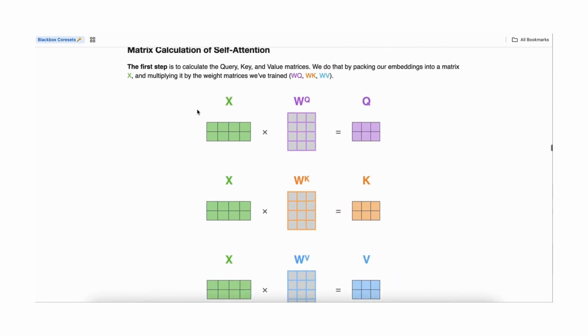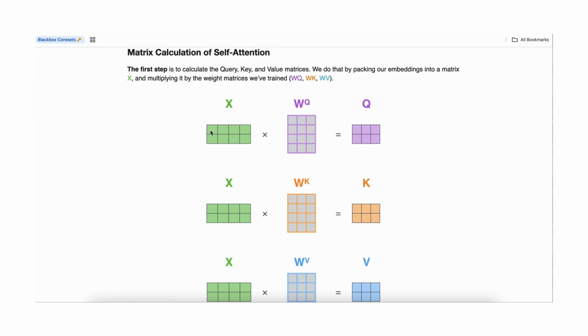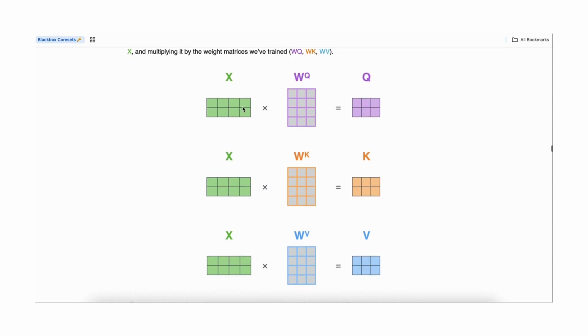Let's go back here and see. The matrix calculation says that we want to get the query, key, and value for each of these tokens. The way we get it is by multiplying each of these x's, which are the embeddings, with a matrix WQ, WK, and WV. These are the learnable parameters of the GPT-2 model, the values of these matrices.